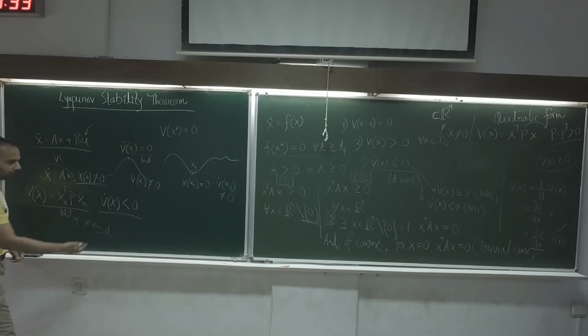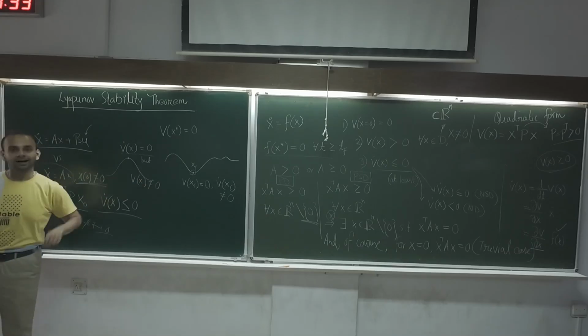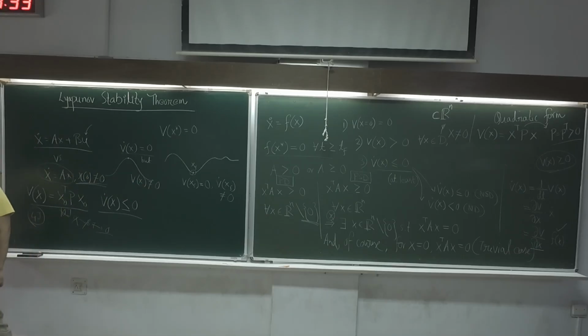Now, if it is less than or equal to 0, then what can be the problem? It may happen that after reaching 4 joule, it has reached a local optima and then it will get stuck. It will give you a feeling as if the system has reached the equilibrium point, but it has not. That's why the negative definite case of V dot x is preferred for us.